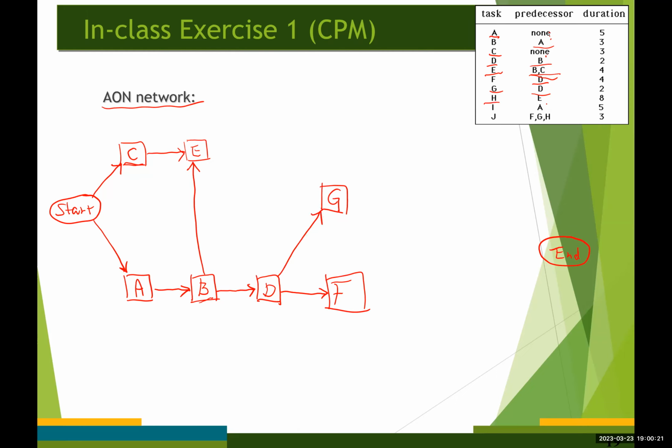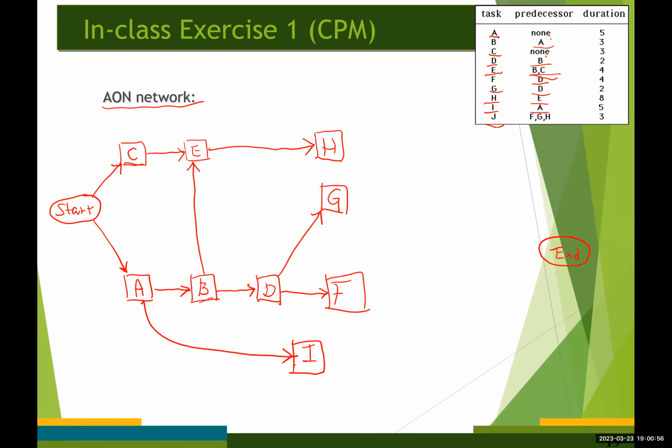And H has one predecessor, which is E, so I'm going to have H up here. And I has one predecessor, which is A, so I'm going to have I down here, and then we have a directed arc coming from activity A.